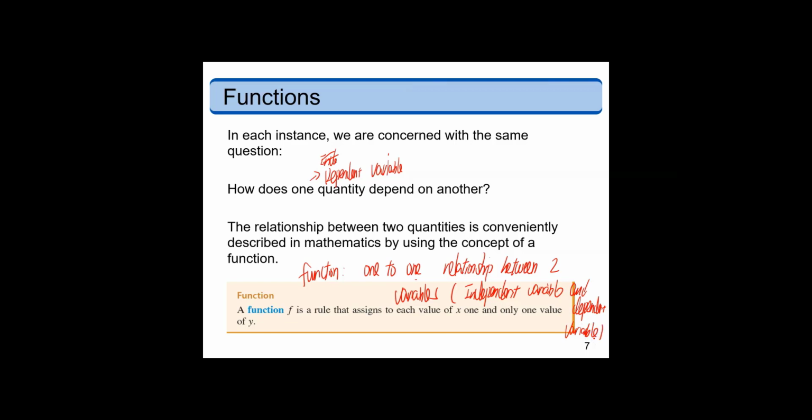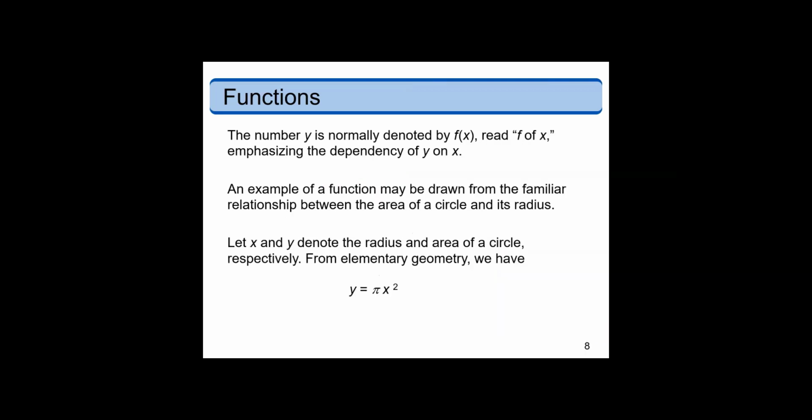The mathematical model. For example, as I mentioned earlier, y is the standard notation. f of x is the function notation. There's a difference between those two notations. The number y is normally denoted by f of x, emphasizing the dependency of y on x.